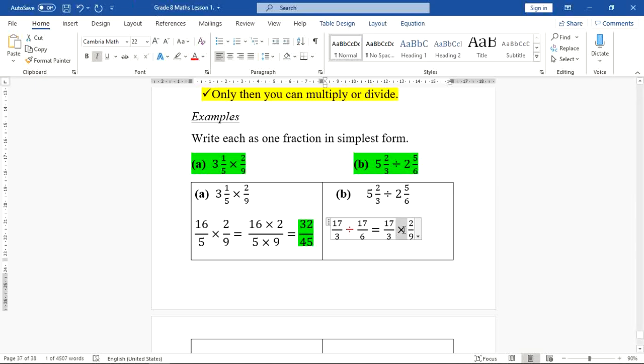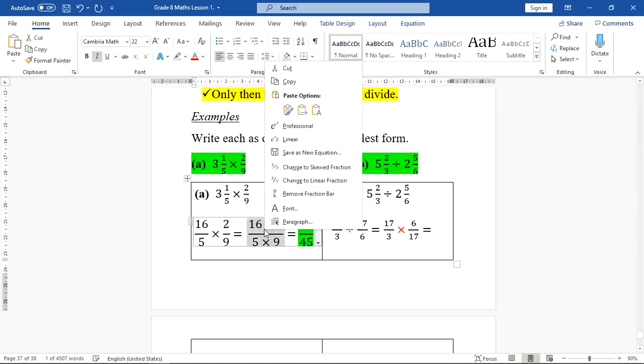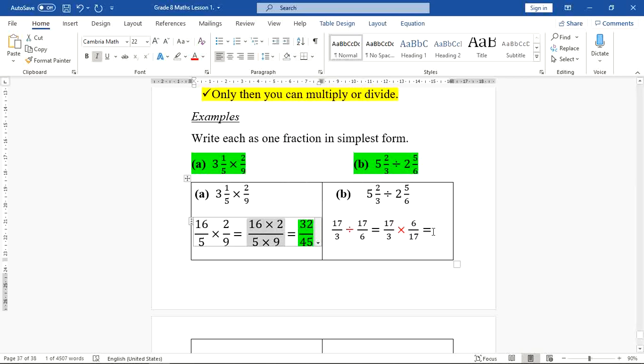The reciprocal of the second fraction has denominator 17 and numerator 6. So division has an extra step of finding the reciprocal, and after that all we need is to multiply the two fractions, numerator by numerator and denominator by denominator.